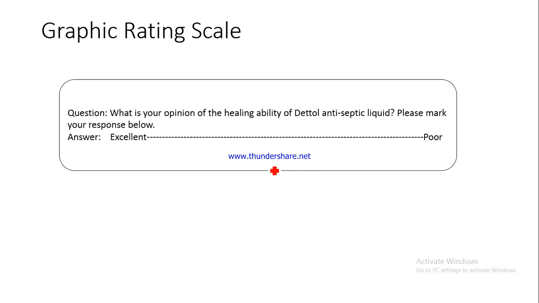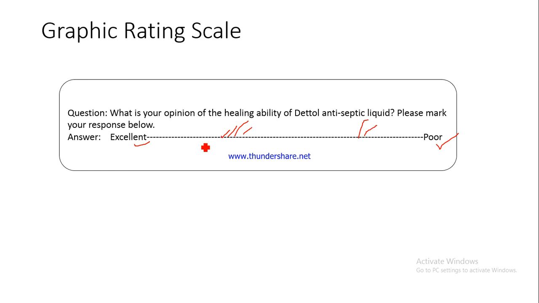However, if you look at the graphic rating scale, you would find that this particular drawback does not exist. It's the same question I am posing to my respondent: opinion of the healing ability of Dettol antiseptic liquid. However, here we are moving from excellent to poor, which is perfectly fine, but now there is no compulsion for the respondent to mark at a particular position. He can mark somewhere here, here also, here as well.